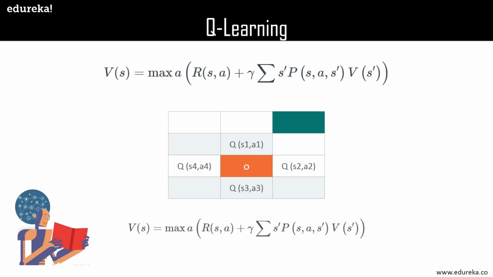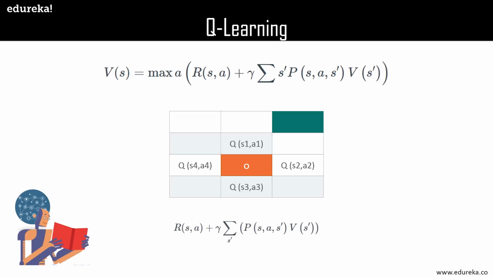Now from the equation V of S equals maximum over A of R of S comma A plus gamma summation over S dash of P of S, A, S dash into V of S dash, if we discard the maximum function, we have R of S comma A plus gamma into summation P and V. Now, essentially in the equation that produces V of S, we are considering all possible actions and all possible states from the current state that the robot is in.